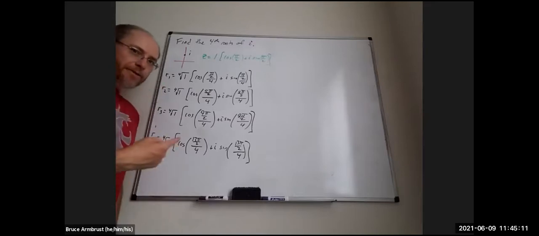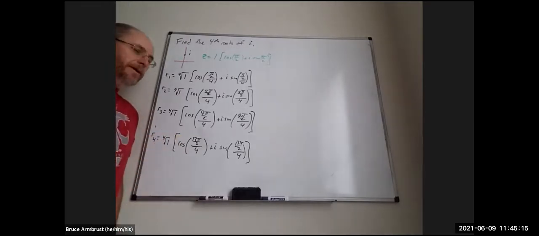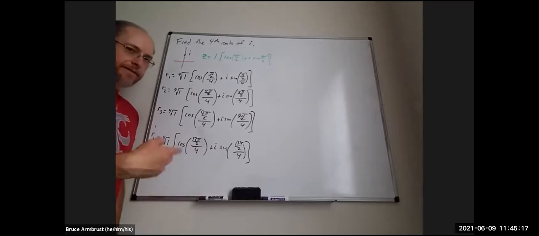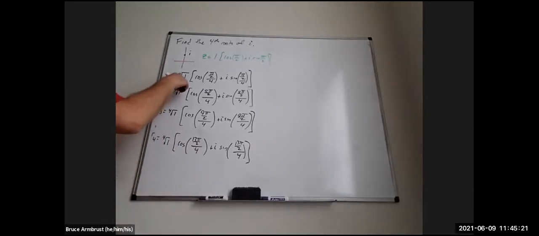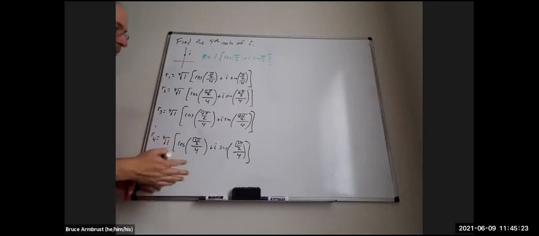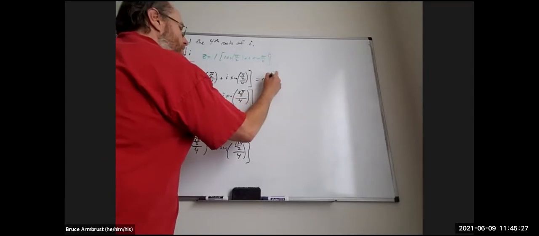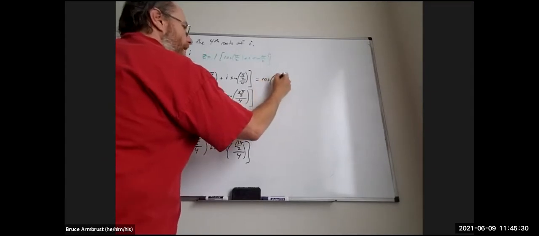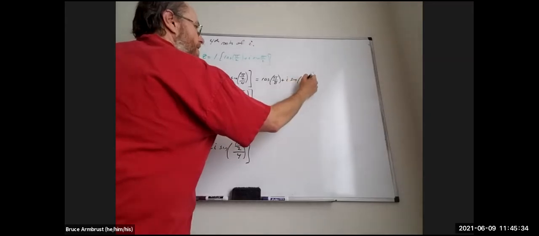So add 2 pi, then divide by n. Add 2 pi, then divide by n, and just keep going. All right, so these 4th roots of 1, those are all just 1s. So this is going to give me cosine of pi over 8 plus I sine of pi over 8.